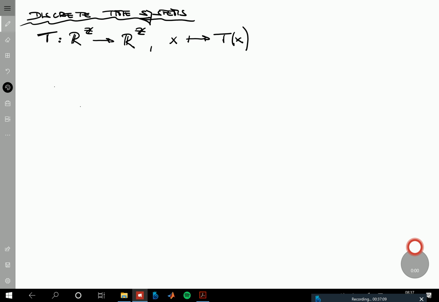So a somewhat stupid example of a discrete time system would be one that maps any sequence x to Tx, the unit sample sequence with a peak, the 1, at 0.